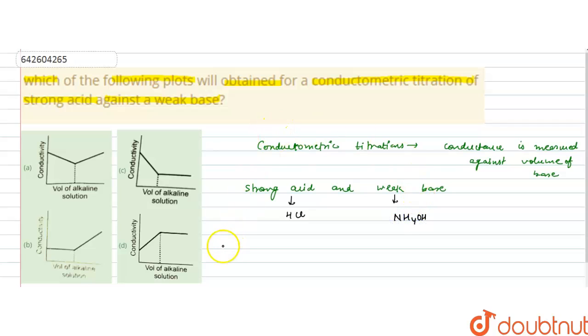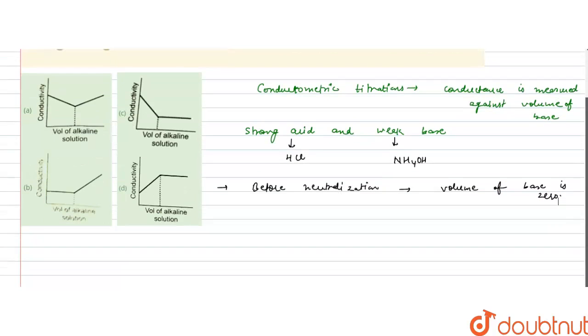Initially, before neutralization, acid and base react to form salt plus water. It means this must be a neutralization reaction. So before neutralization, when the volume of base is 0, the conductance is high due to the presence of highly mobile H positive ions.